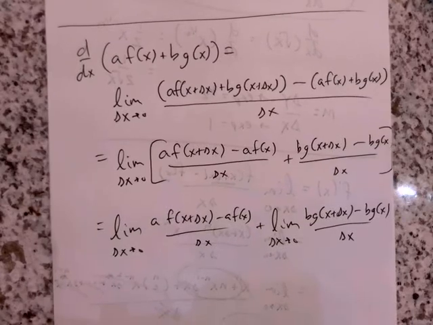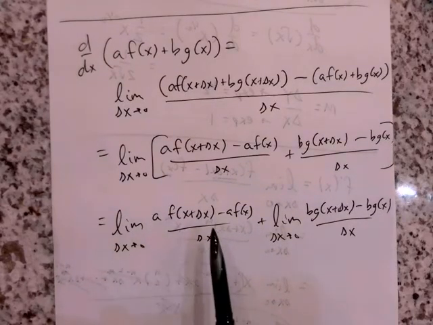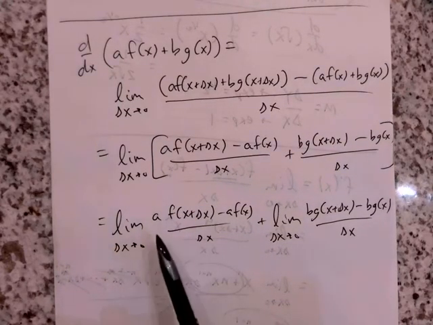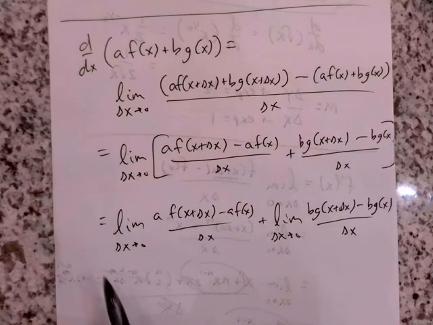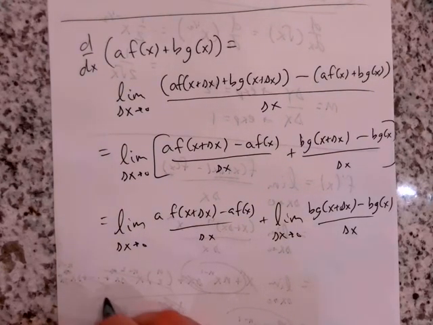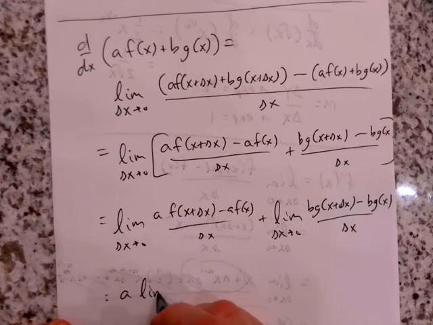And we also learned from lecture 1 that you can factor constants outside of limits. So a does not depend on delta x, therefore it's constant, and you can factor that outside of the limit.